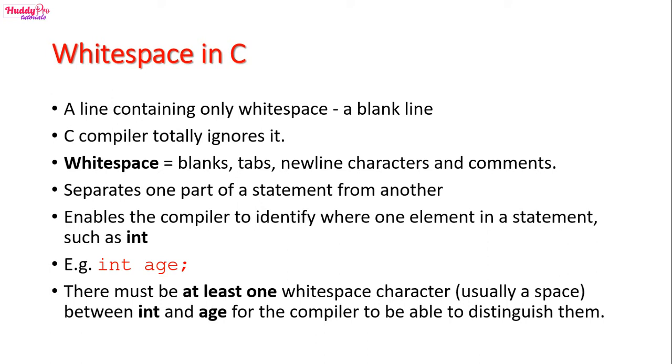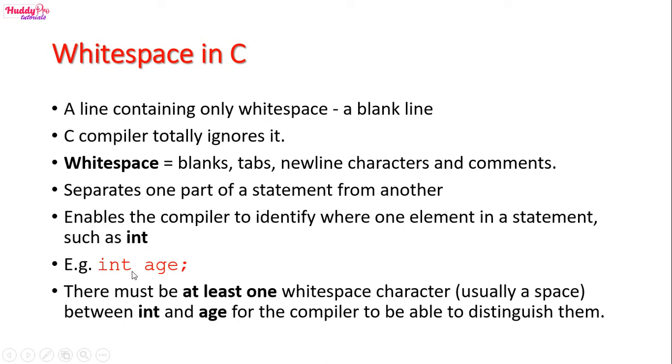The white space separates one part of a statement from another and enables the compiler to identify where one element in a statement is. For example, if you have the word int, when you put a white space, it shows that that word ends from there.